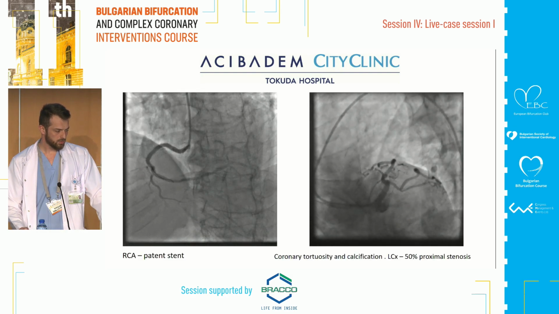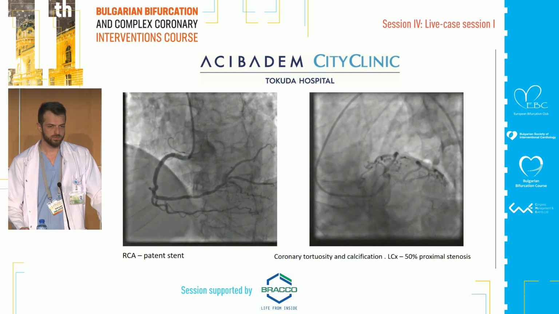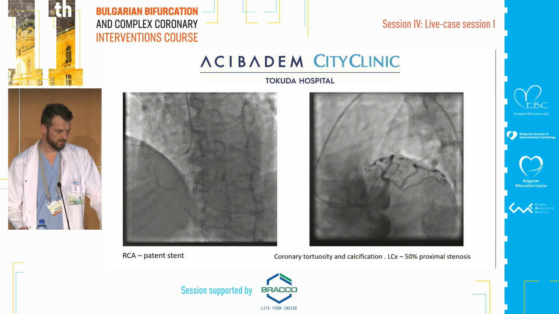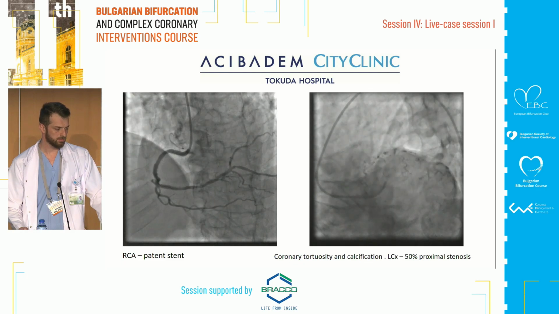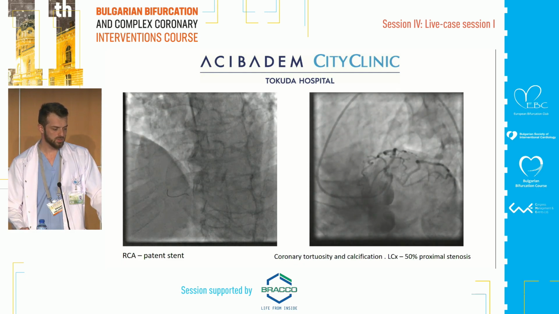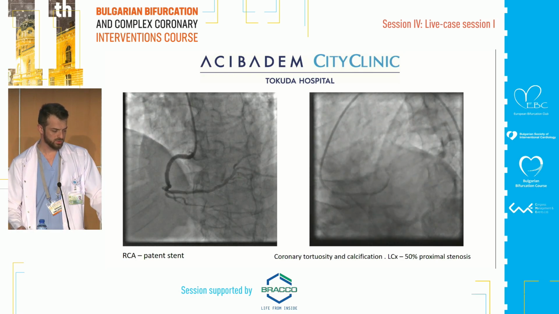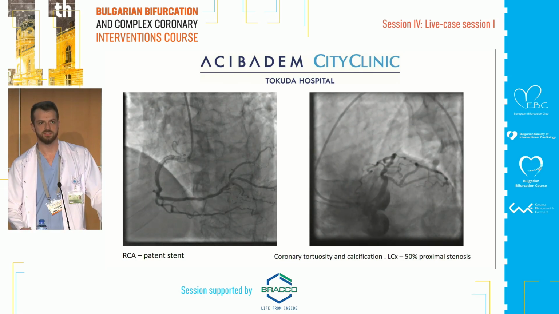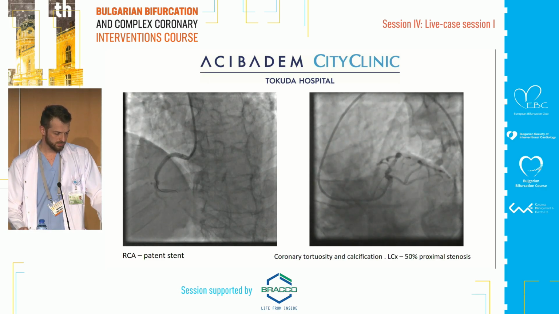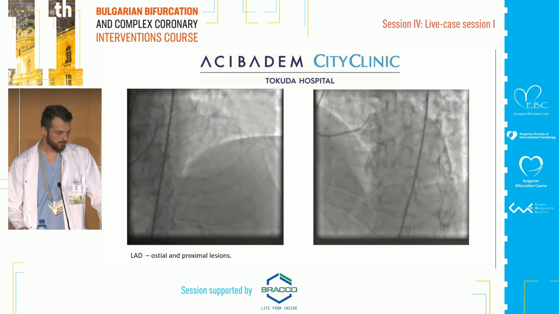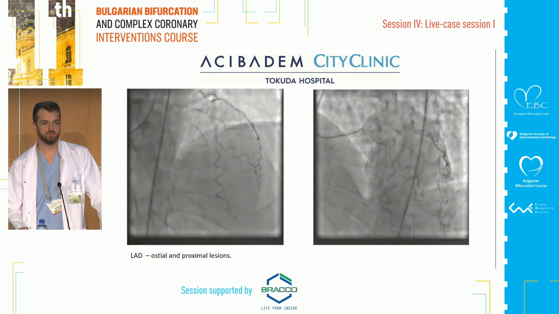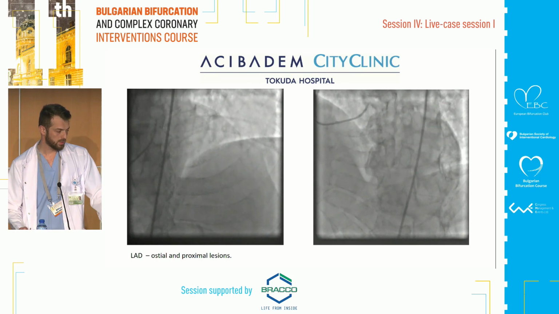This angio shows a patent result from the right coronary dilatation with some diseased, maybe PL branch distally. And from the right image, you can appreciate the tortuosity and calcification of the left system. Maybe moderate stenosis of the left circumflex, calcium, and moderate to severe stenosis of the ostium and proximal LAD.